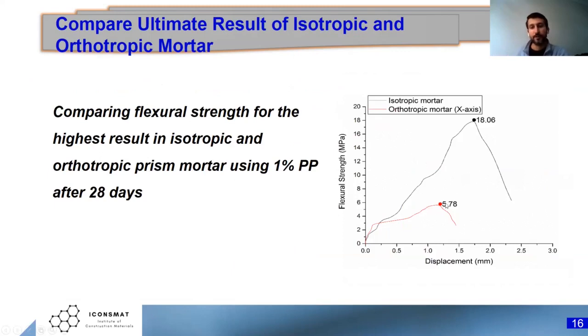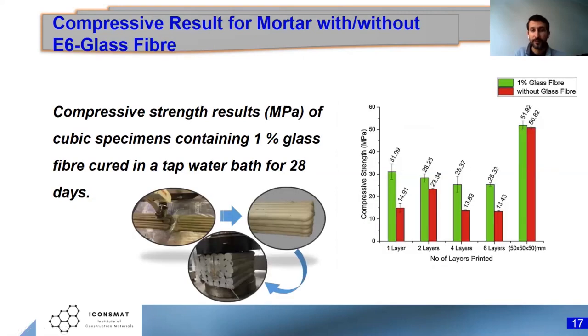For those two types, for the ones we have printed, flexure is almost 5, but sometimes for isotropic with the same mix it goes to 18. So it's very inconvenient, or we can say very low, compared to the isotropic one. But we have improved this by using the E6 glass fiber.